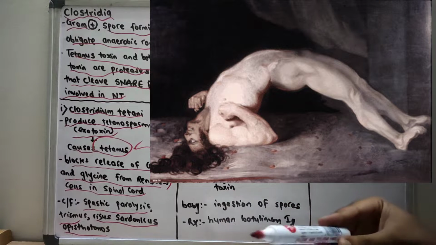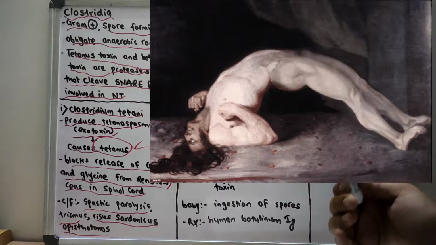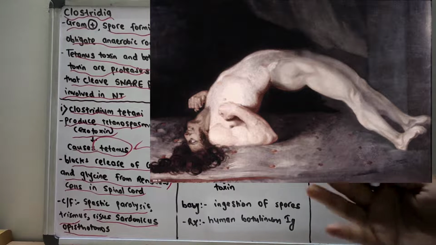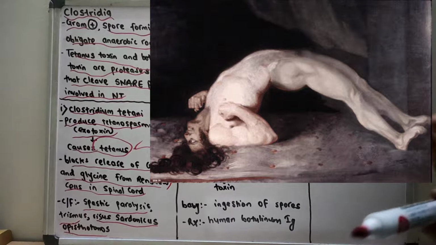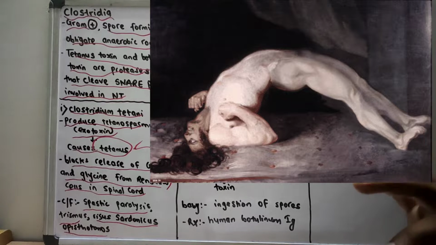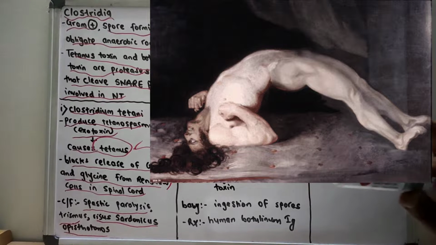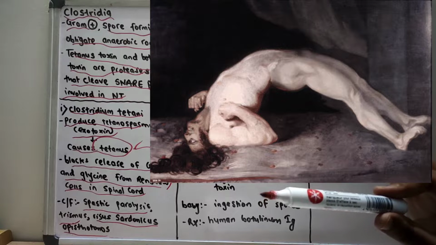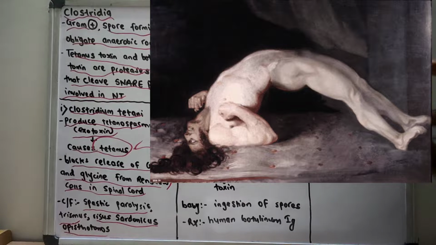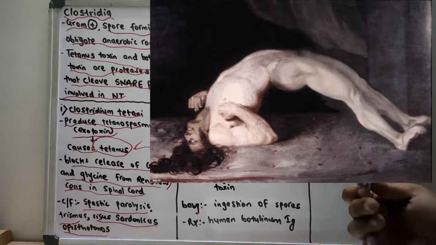So the person appears in a bow-like structure due to the spasm of the spinal extensor muscles, that you are seeing in these pictures also.